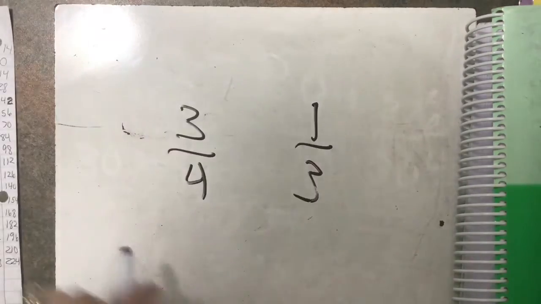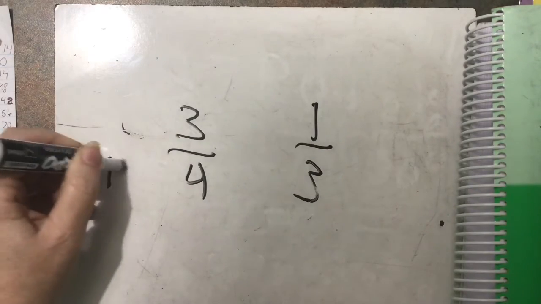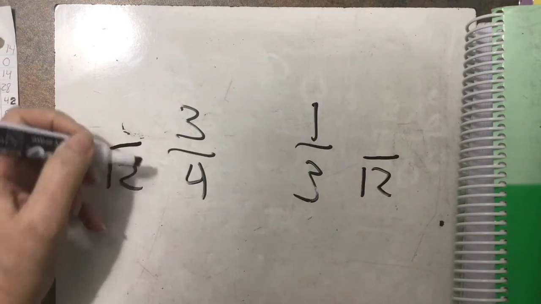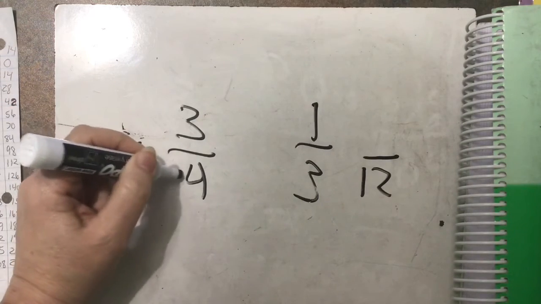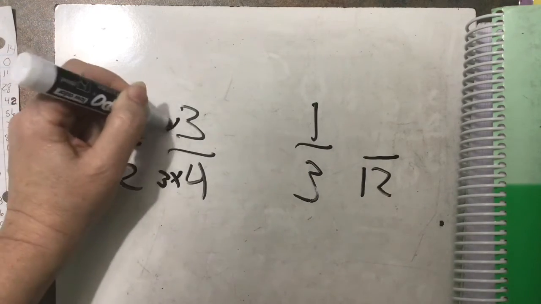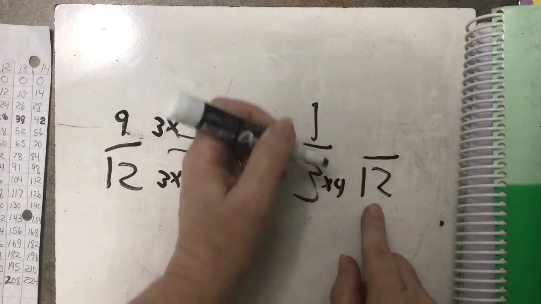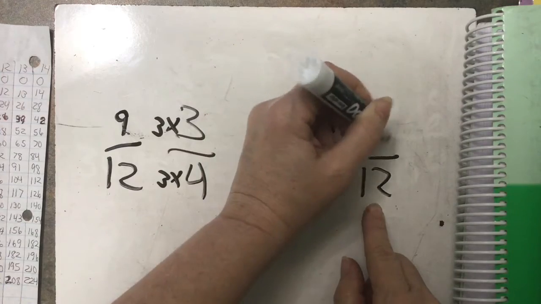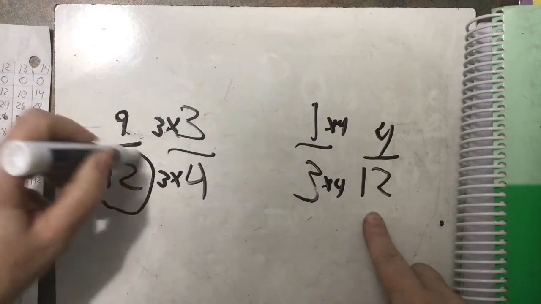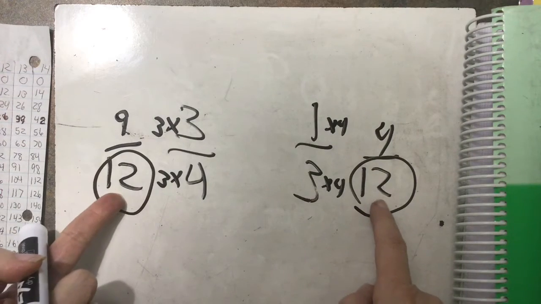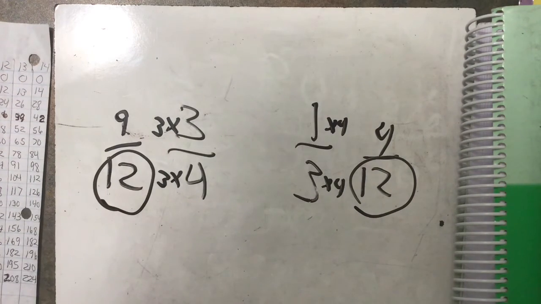So that means our least common denominator, or what we would change the bottoms to if we had to work a math problem with these, would be 12. So 4 times 3 is 12, so 3 times 3 would be 9. 3 times 4 gives me 12, so 1 times 4 gives me 4. But again, all we're looking for is the least common denominator. The least common denominator is 12, so that's what I would type into IXL.